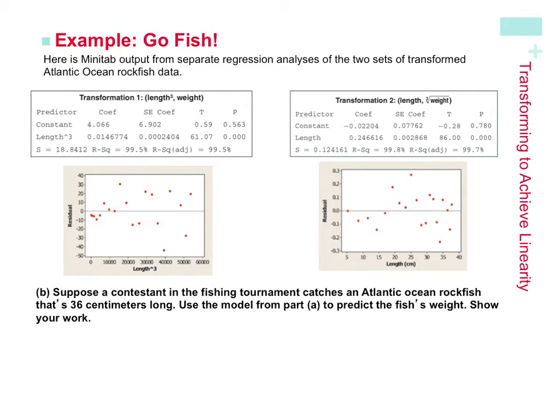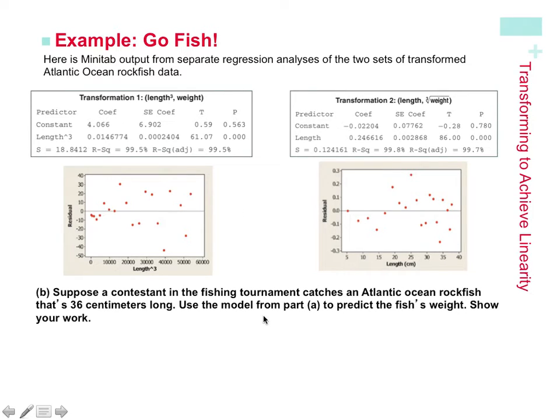Okay, so assuming that your R squared value is high enough and our residual plots show random scatter in both, so that's going to show us that a linear model is appropriate. Looking at my R squared values of 99.8 and 99.5, I would say that it's accounting for most of your variation there.